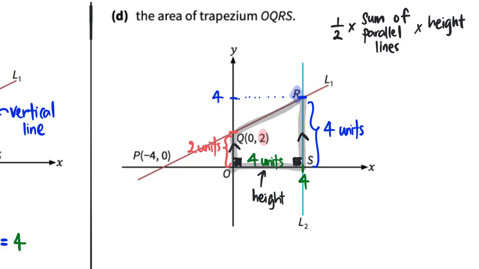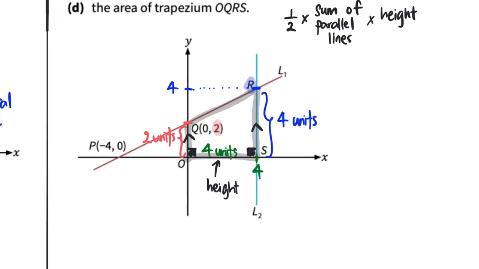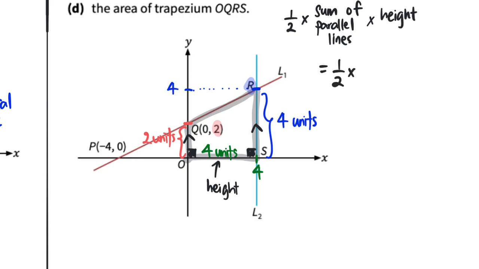And with all these pieces of information, I will then be able to find my answer here. Half times the sum of the parallel sides, which is 2 plus 4, times the height. Height is 4. And therefore my final answer would be 12 units square.